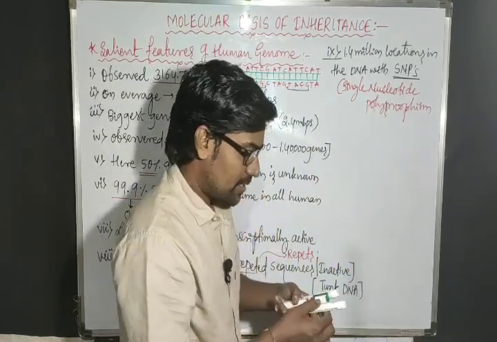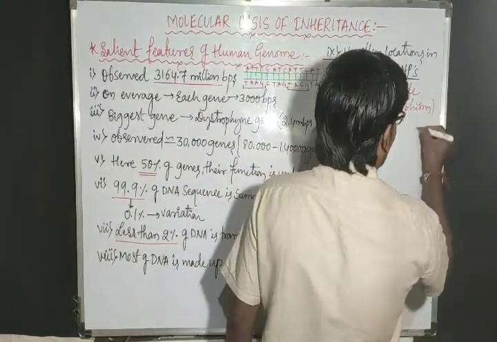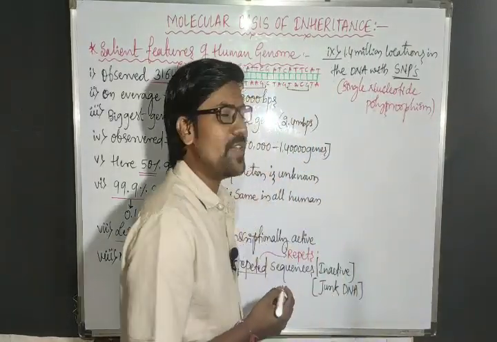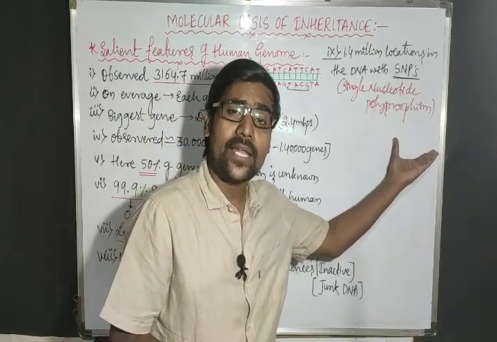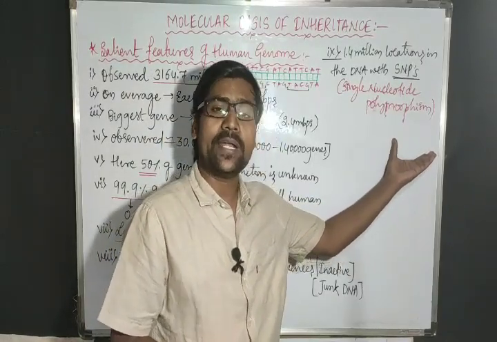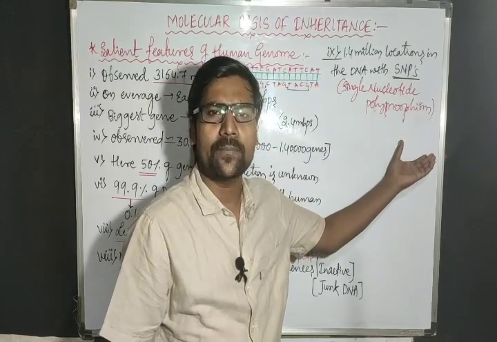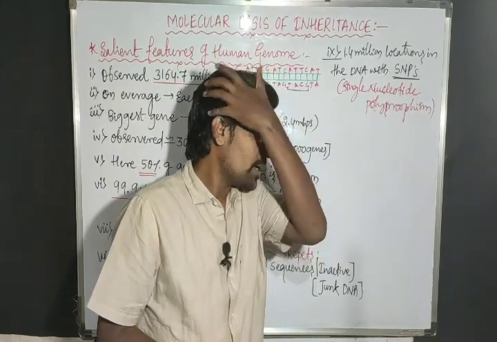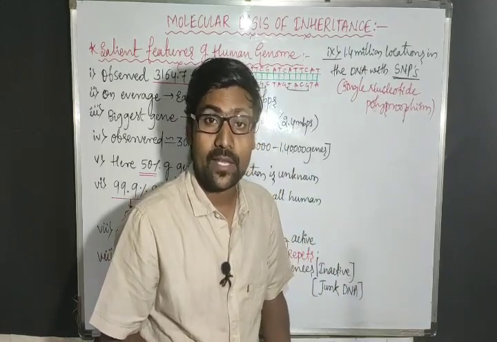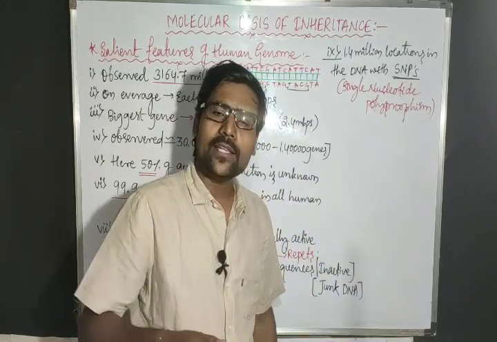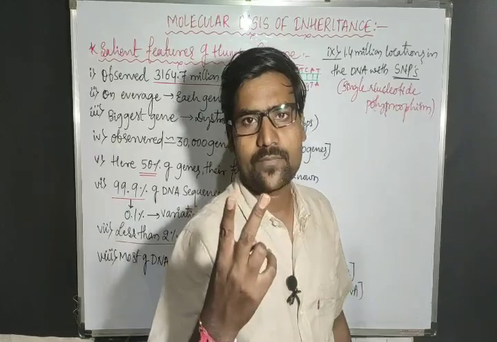Polymorphism. This condition gives many phenotypic traits in human beings. For example, if we consider human skin color, all human beings are not of just two colors.